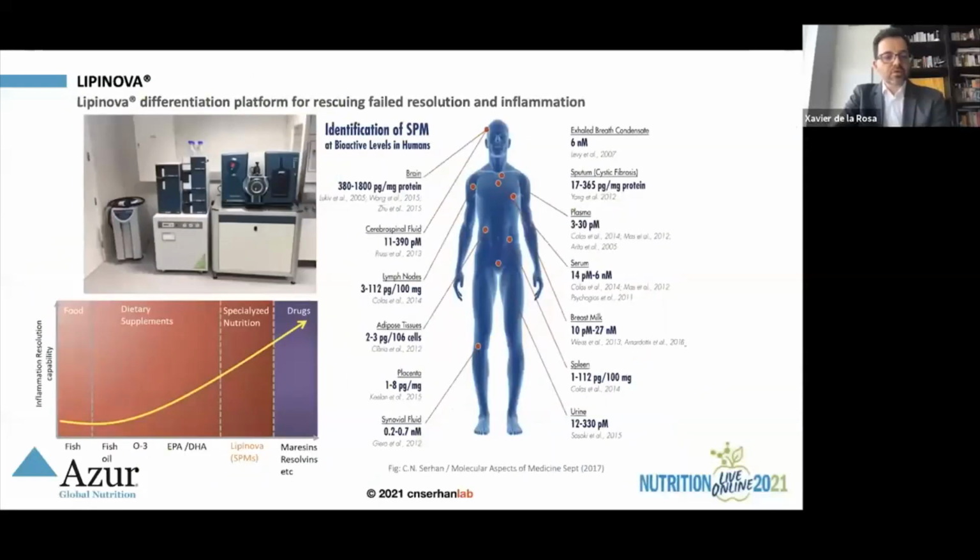Using this approach, we have learned now that many human tissues have been shown to produce pro-resolving mediators. I will emphasize this breast milk work from Dr. Hildur Arnardóttir, when she was a postdoc in Serhan's lab, as well as the high levels in placenta from the group in Australia, or the work in adipose tissue and obesity from Joan Clària's lab in Barcelona.